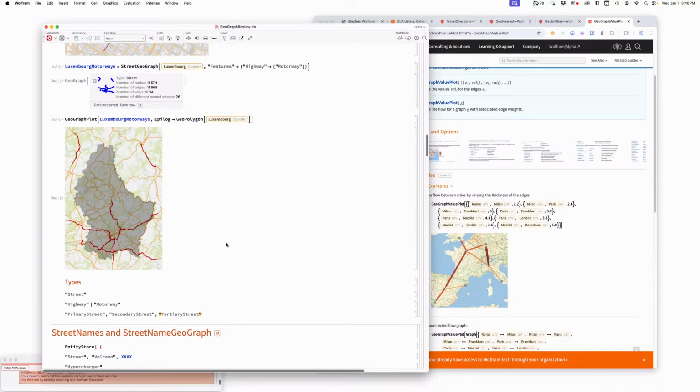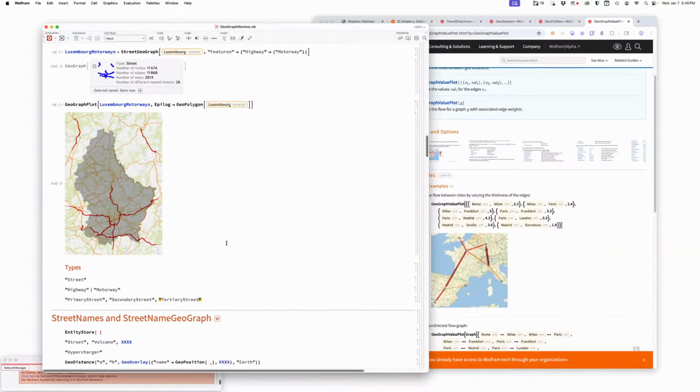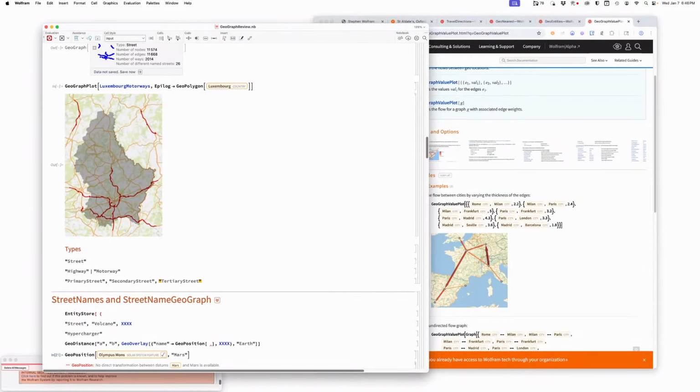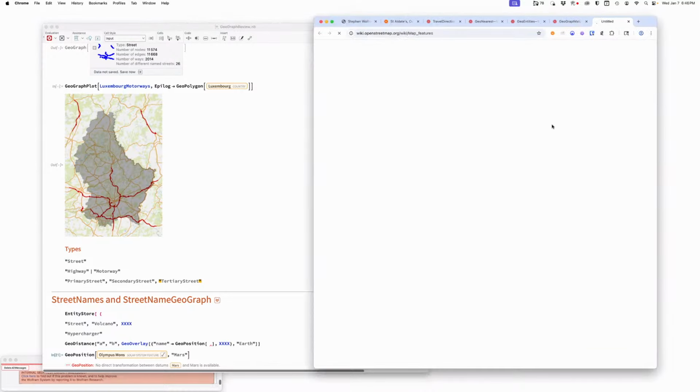I mean, yes. But I have the map features at hand. So the Overpass map features. Here it is. Oh, sorry. Wait a second. Yeah, I put that.